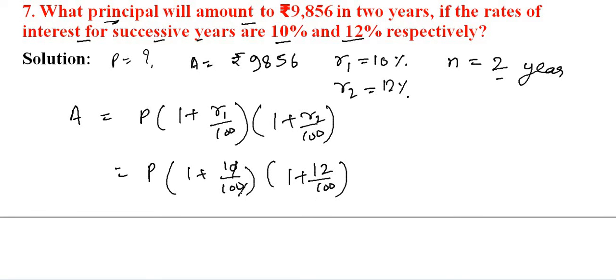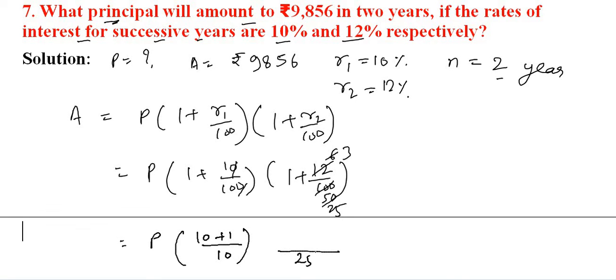Then 0 0 cancel, 2 6s are 12, 2 5s are 10, then 2 3s are 6 and here 25. So here we will take the LCM, here it will be 10 plus 1 over 10, and here again we take the LCM, 25 plus 3 over 25.